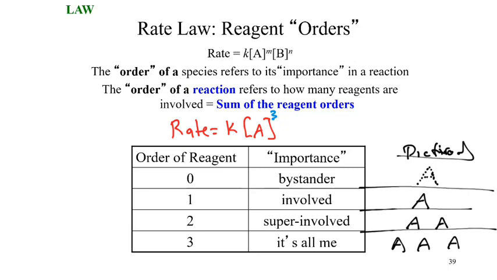Why does it now become an "it's all me" situation? Well, what we're saying is that A is important in the rate limiting step. So this is one step. If I'm now saying the rate is third order with respect to A, all 3 of these molecules need to interact with each other at the exact same time.